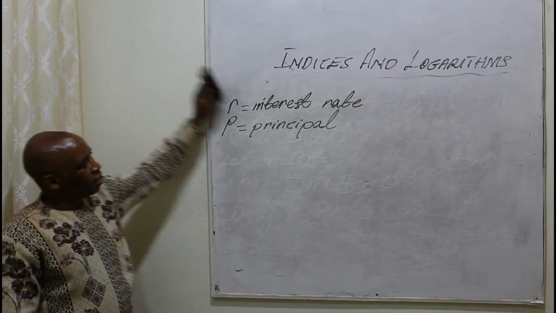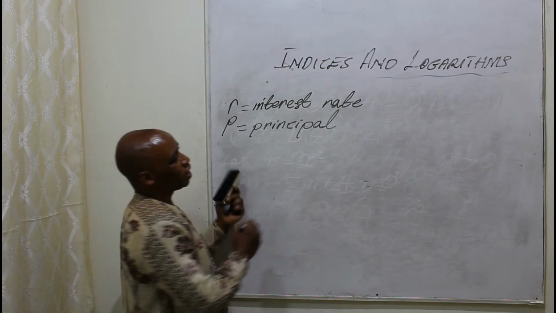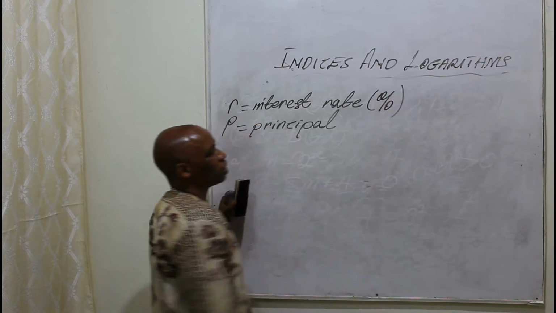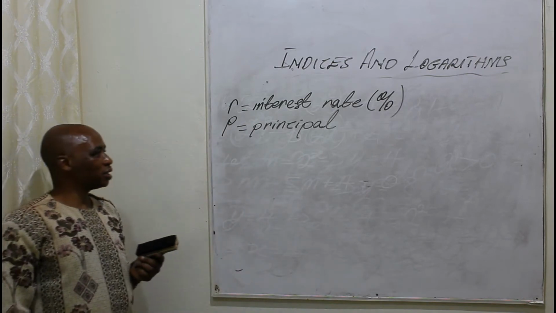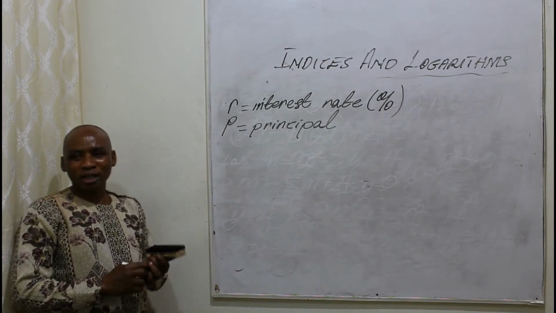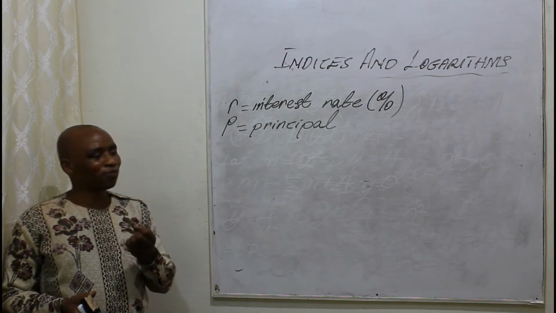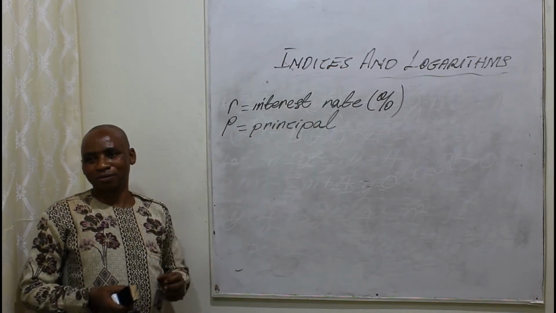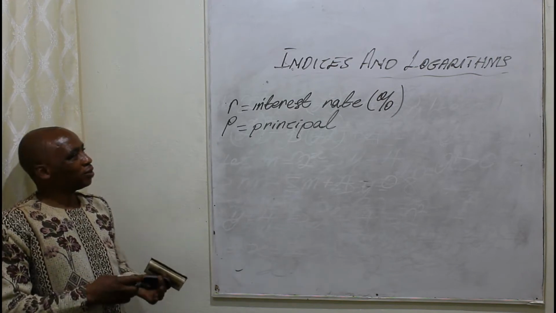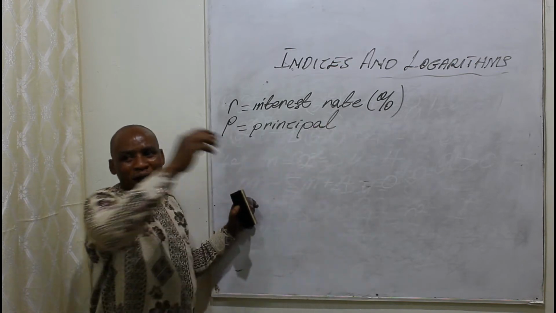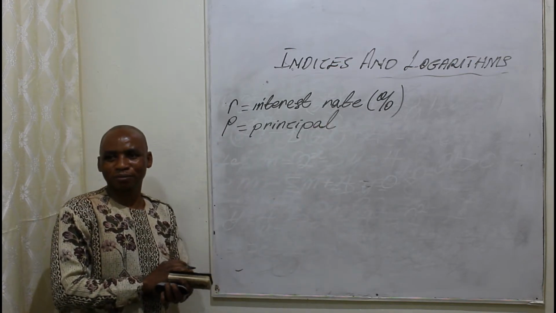Now, this is the interest rate, and R is normally given in percentage. To calculate the real value of the interest, we normally multiply the interest rate by the principal.